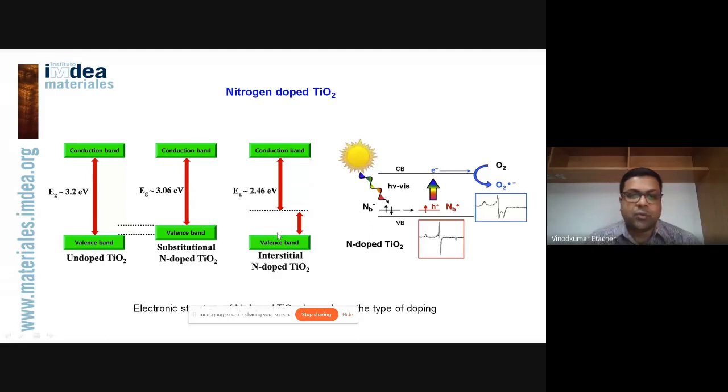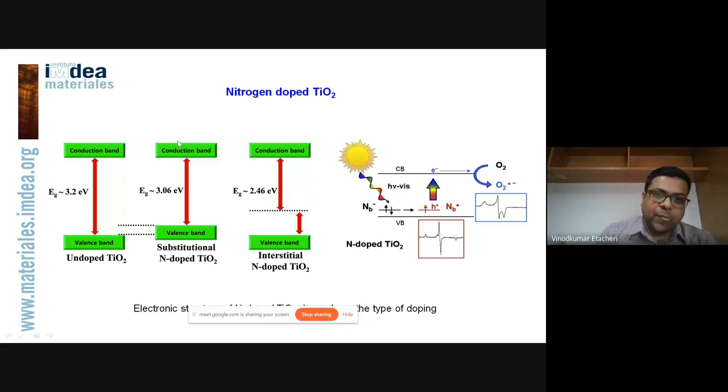If it is an oxidizing atmosphere or low temperature, we normally get this kind of interstitial nitrogen doped material. And the whole photocatalytic mechanism is also different. These energy levels are created by the nitrogen levels, and those are paramagnetic materials. Normally by EPR, you can see the EPR spectra, they are paramagnetic material. So the performance of these materials is totally different.